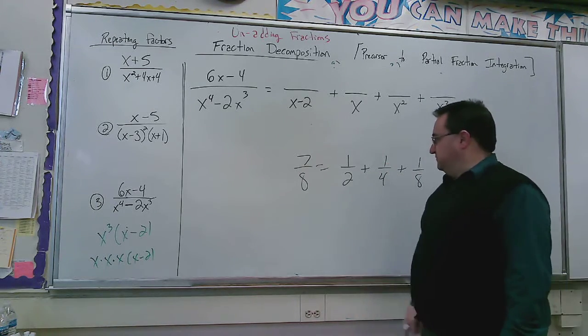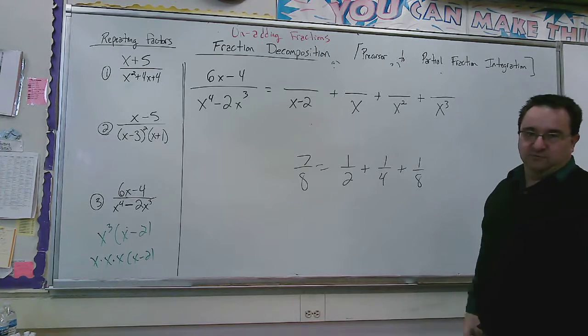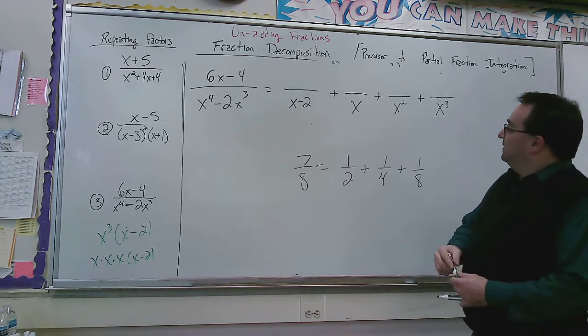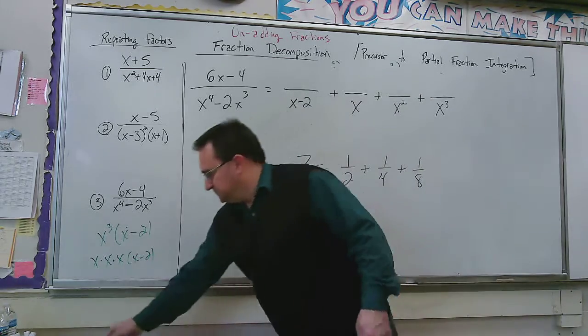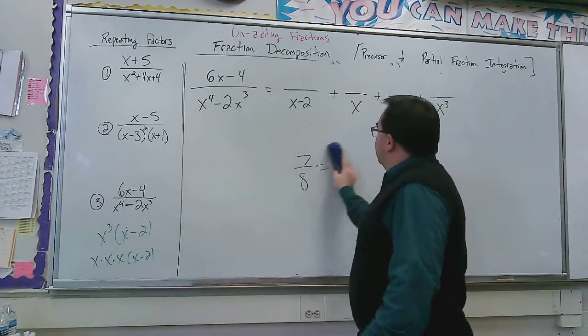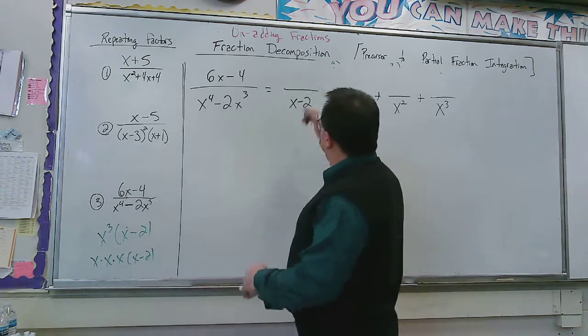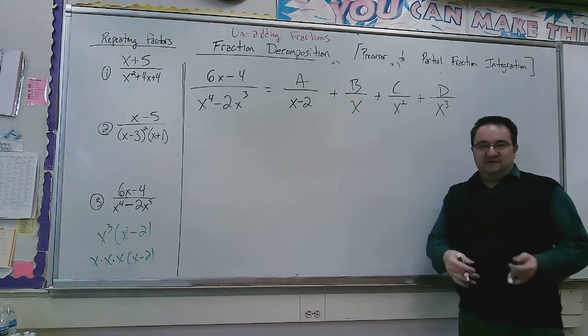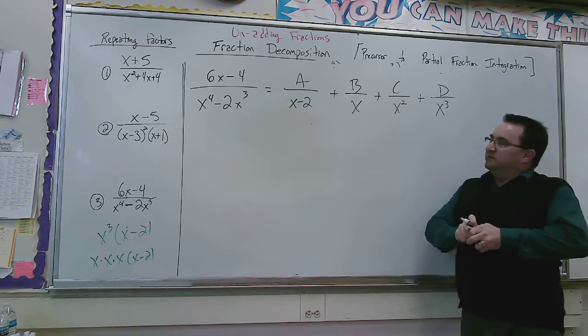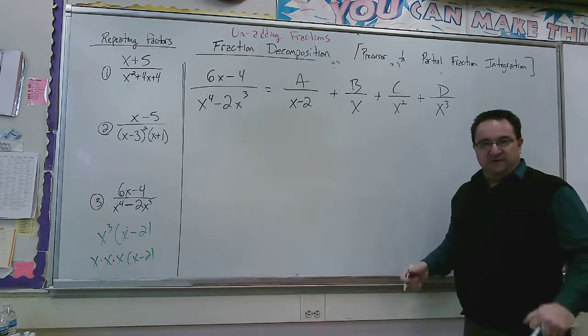This is 3 2's. That's 1, 2, and 3. And that works. So that's what's happening here with the x's. Same thing as if they were numbers. I have no idea what the numerators are. A, B, C, D. Nobody likes to see a lot of letters up there, but it is what it is. You're going to see that this works out pretty nicely.